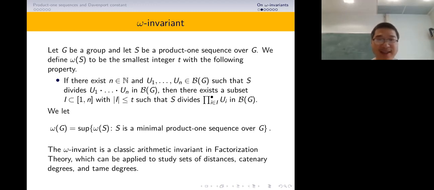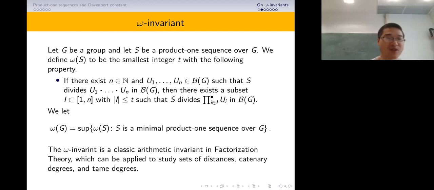If there is a product-one sequence U1 up to Un such that S divides it in B(G), which means that if we take the sequence S out from the sequence U1 up to Un, the remaining sequence is still a product-one sequence, then there exists a subproduct such that S divides such a subproduct in B(G), and the size of this subproduct should be bounded by this t.